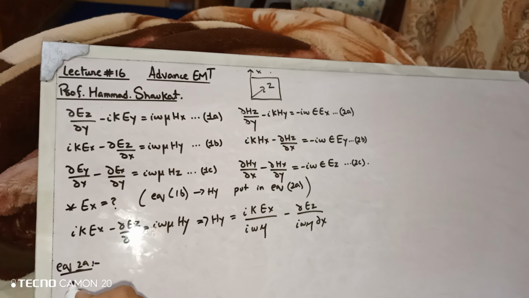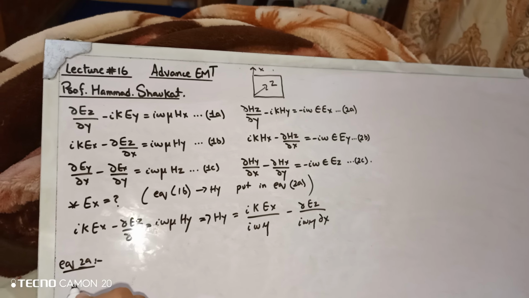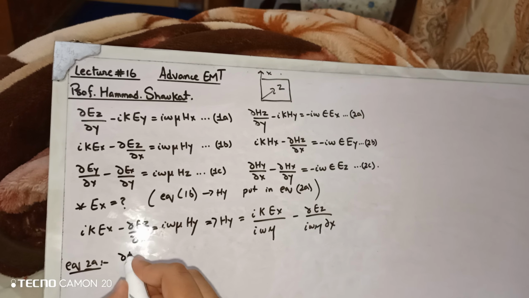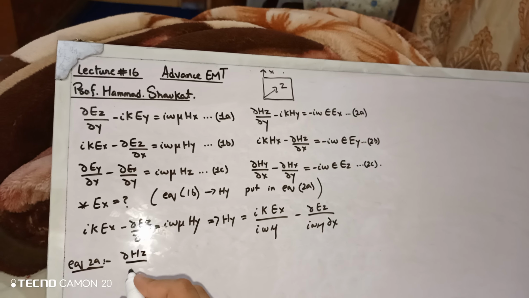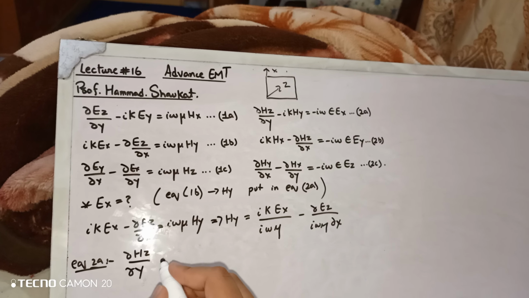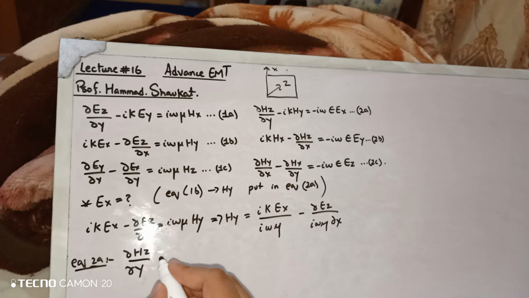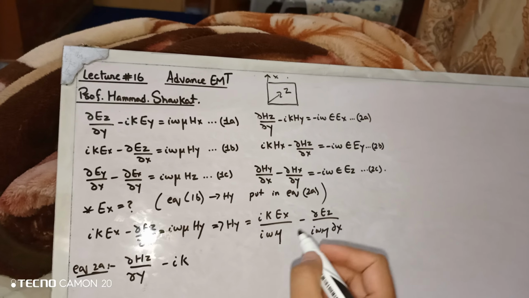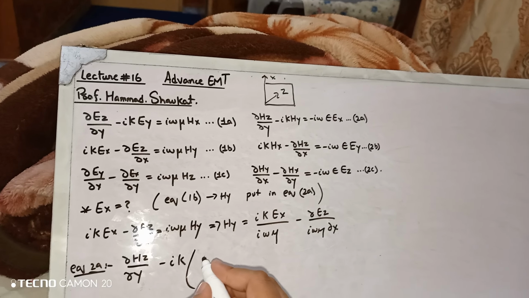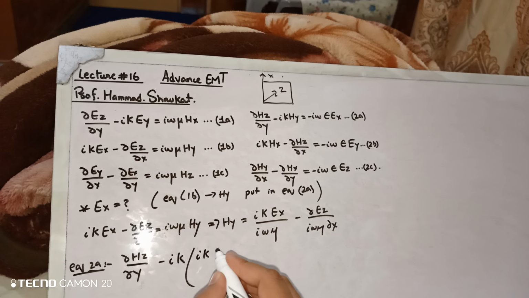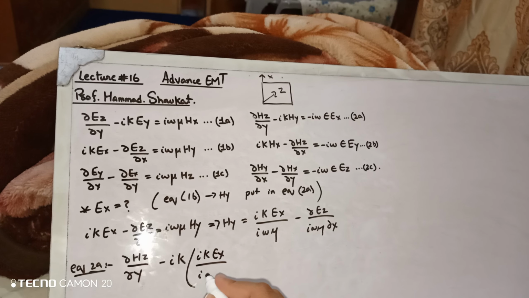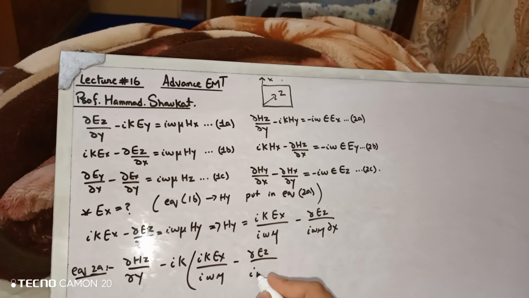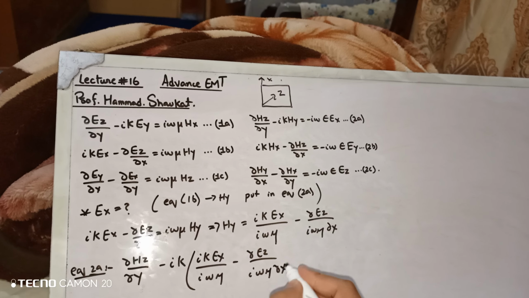So it becomes like this: ∂Hz/∂y minus ik as it is. The Hy term is this, we have to put, and that is ikEx divided by iωμ minus ∂Ez/∂x divided by iωμ.